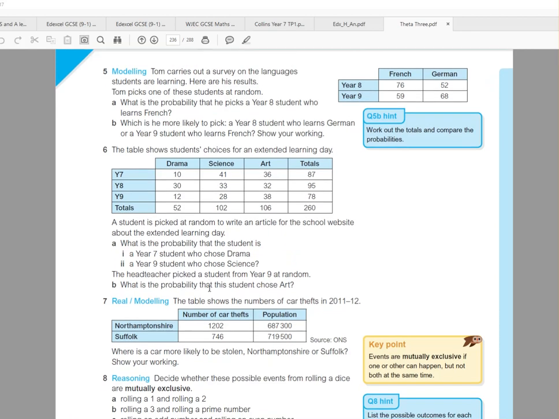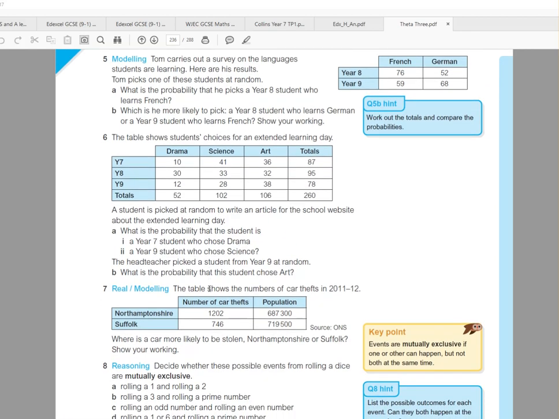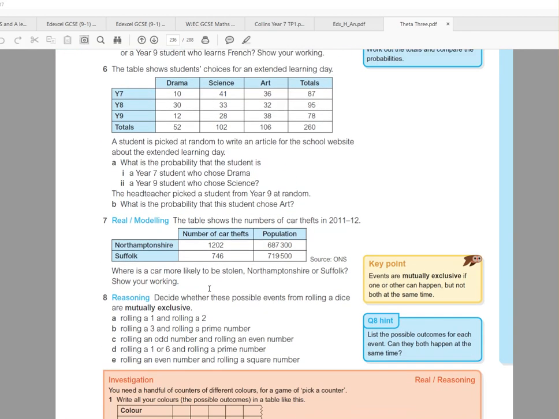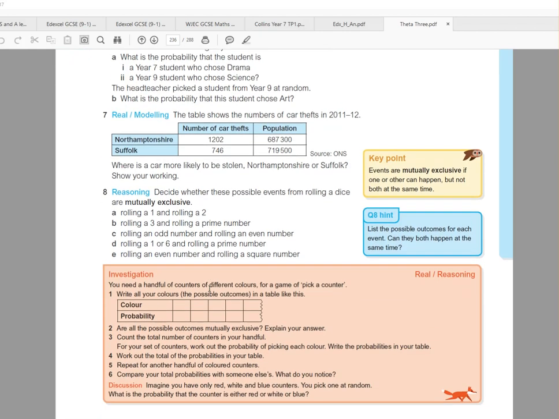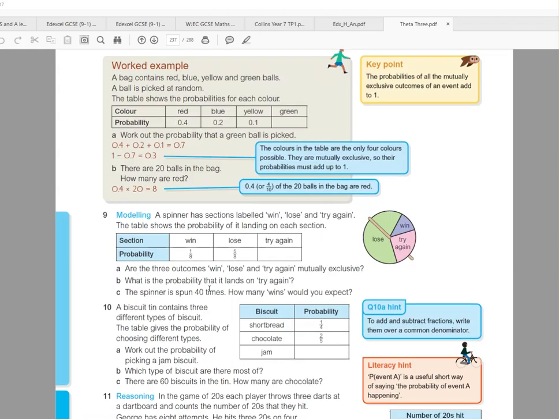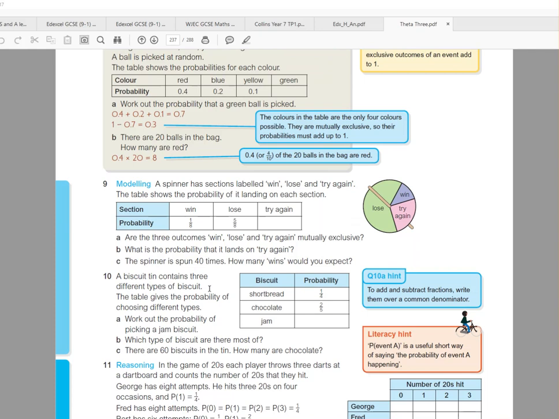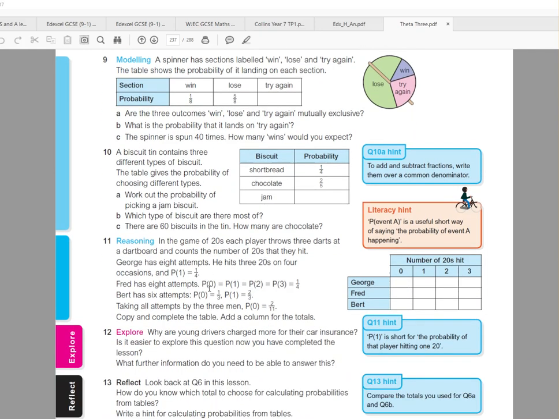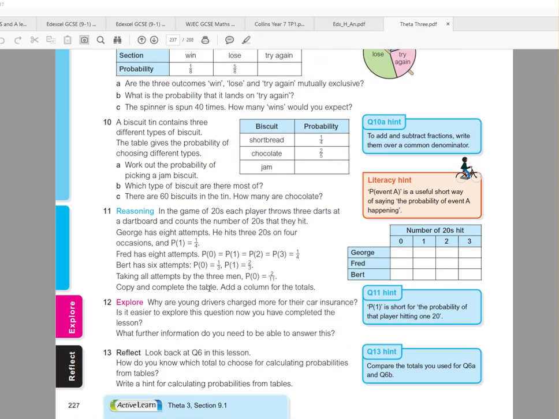Carry on to page 226, and then on to page 227 where you complete it. Okay, good. Good luck.